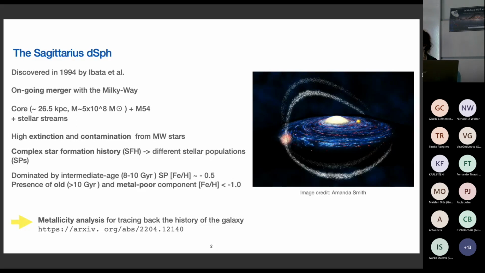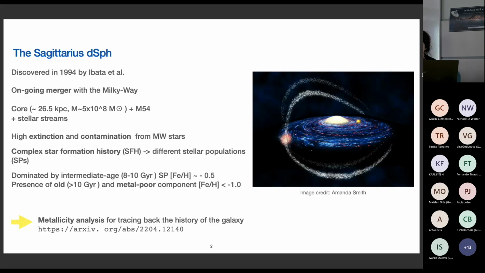Sagittarius was discovered in '94, and it is composed of a core, which is the leftover of the old progenitor of the system, and it also presents two wide stellar streams that wrap around the Milky Way that are the result of the tidal disruption caused by the tidal interaction with the Milky Way.